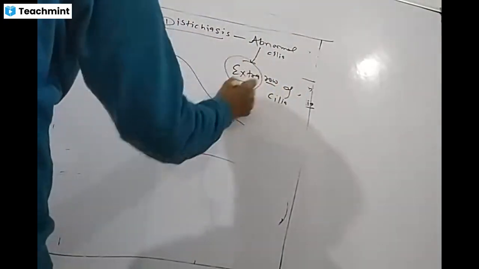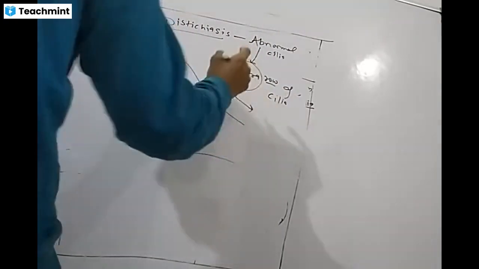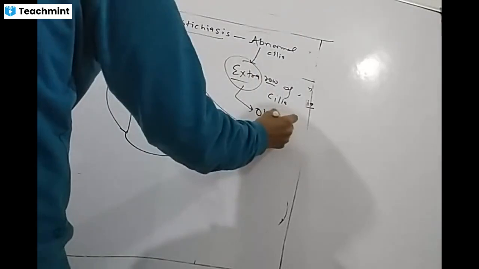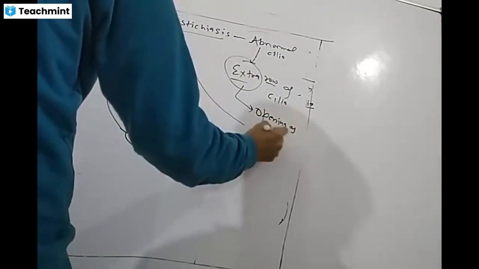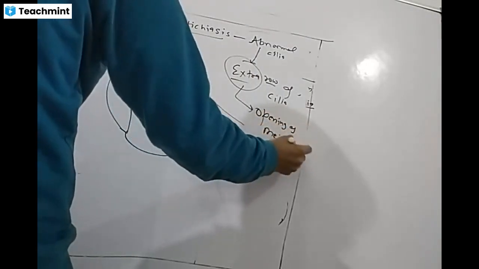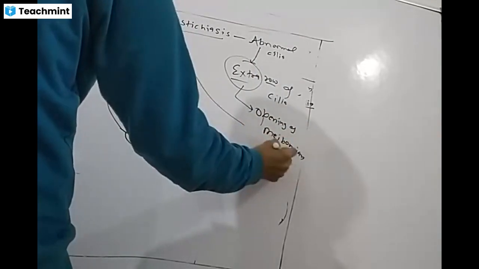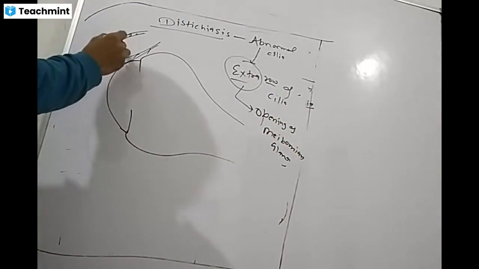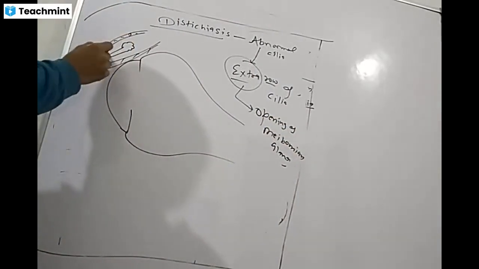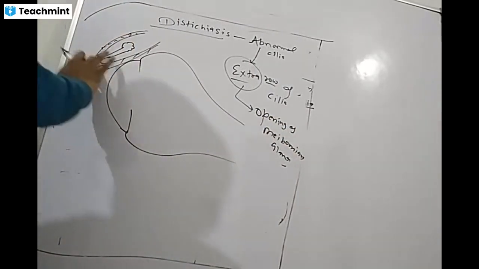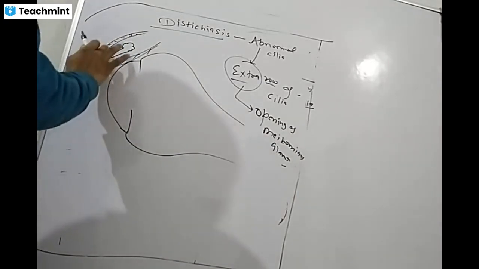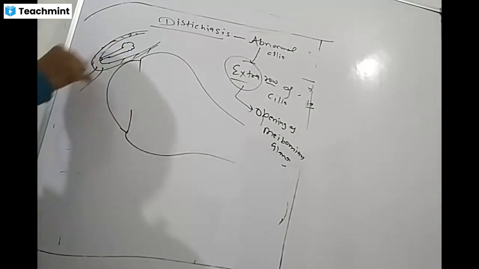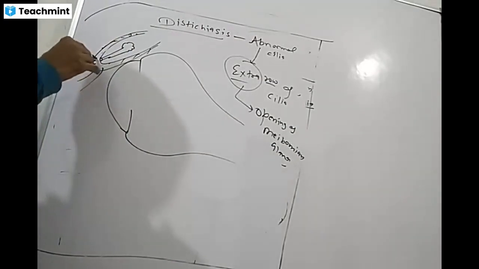What is the source of the extra row? It is coming out from the opening of the meibomian gland. Normally, as I showed before, cilia come out from the external margin.